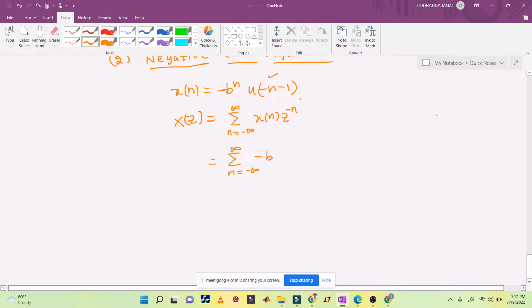What is x of n? Minus of b to the power n u of minus n minus 1 z to the power minus n. This is the value when we put x of n in the equation.